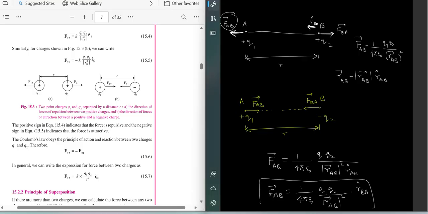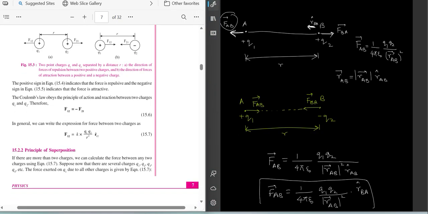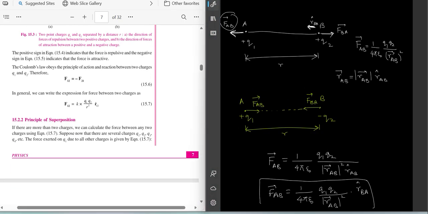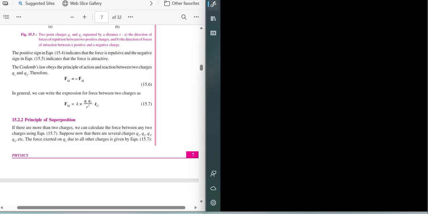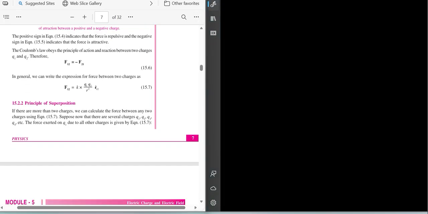Okay. Now let's understand the principle of superposition. Till now we have talked of only two point charges separated by a distance. Let us say we have three point charges, or more than three. Let us build the picture. Initially this is Q1 at A, and this is Q2 at B, and both are point charges.